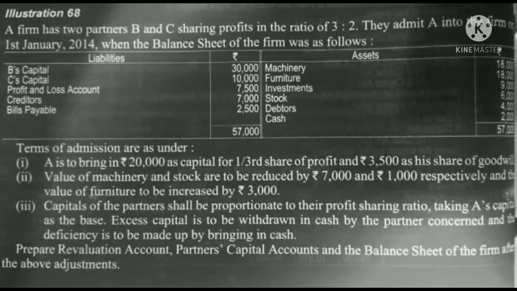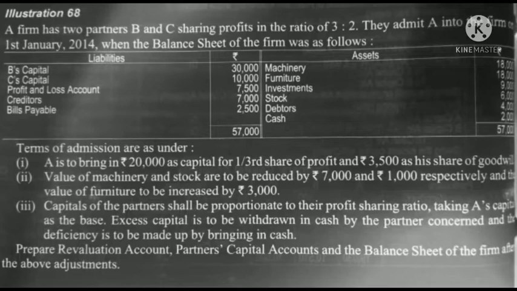Now come to 2. Valuation of machine and stock are to be reduced by 7,000 and 1,000 respectively, and the valuation of furniture will be increased by 3,000. So this is the adjustment on the asset side. That means machinery and stock are reduced by 7,000 and 1,000, so we have to subtract, and the furniture is increased by 3,000.